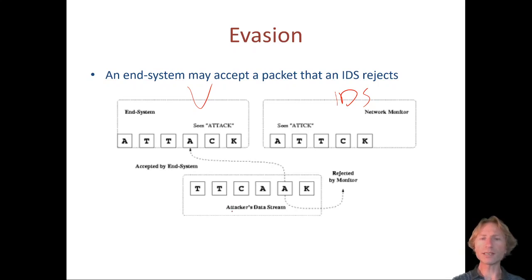So again, the attacker sends some stuff to the victim, which is picked up by the network monitor, by the intrusion detection system, and the intrusion detection system will throw out one of these things because it thinks it's not relevant. We'll talk about reasons in a minute, but this is actually received by the end host, by the victim, and therefore again, the victim sees the entire attacker payload.